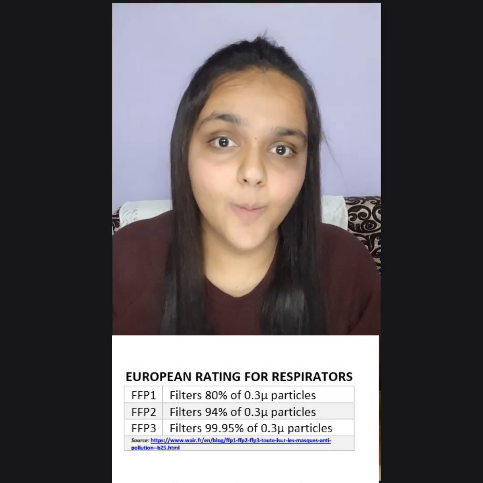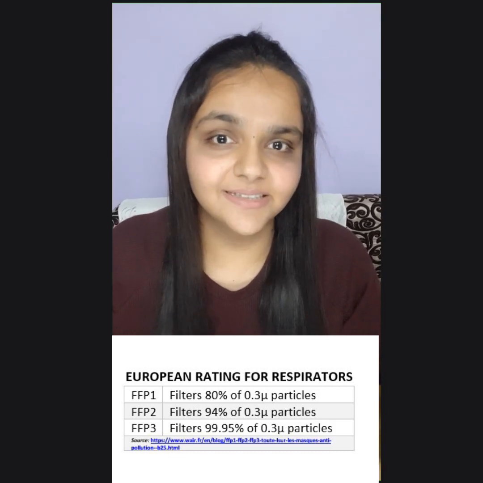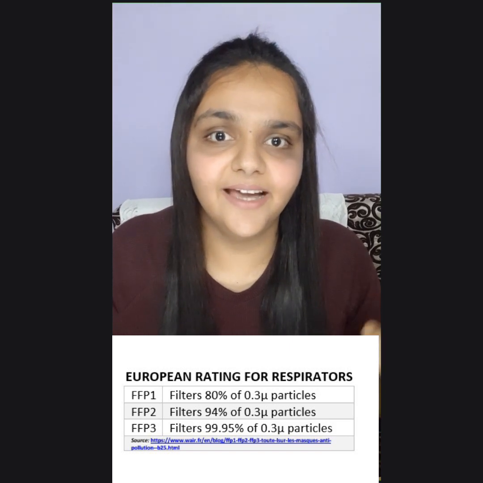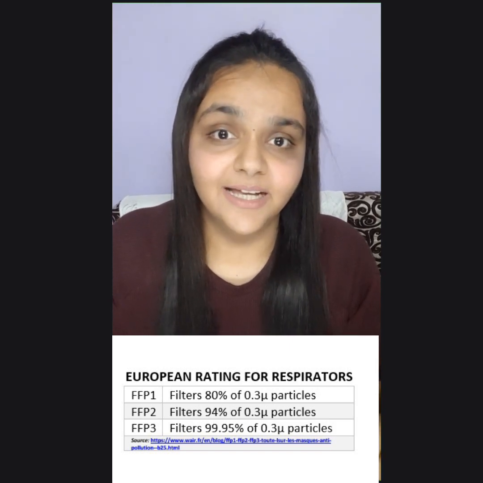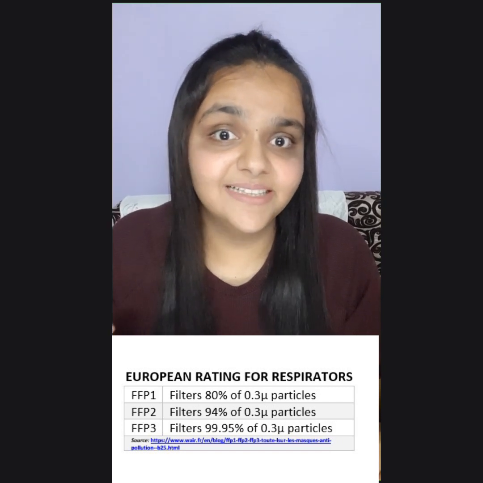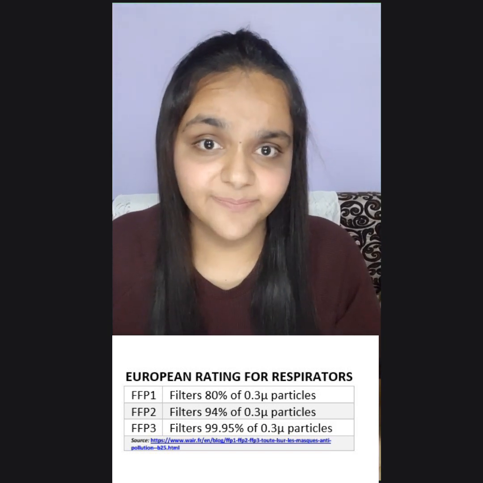The other common rating system is the European rating system, which uses FFP1, FFP2 and FFP3. FFP1 signifies that these respirators can capture 80% of 0.3 micron particles.